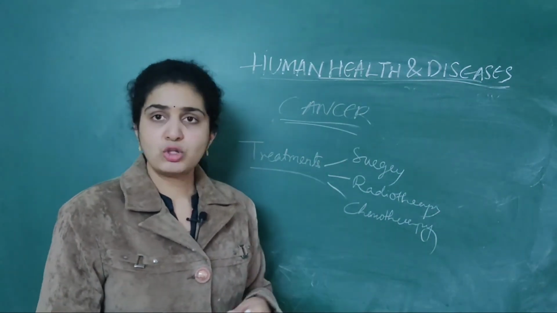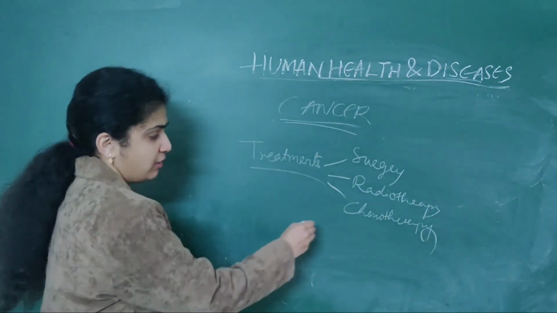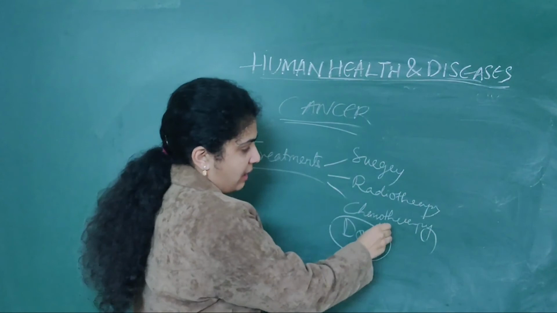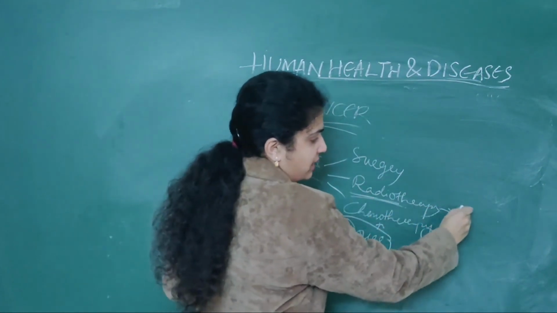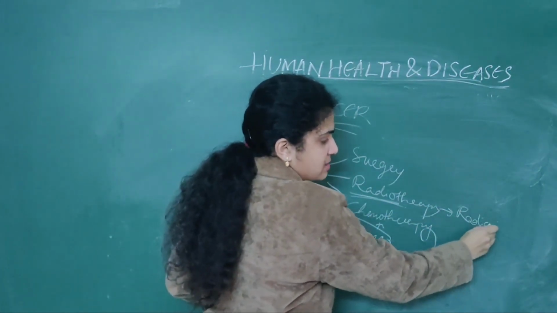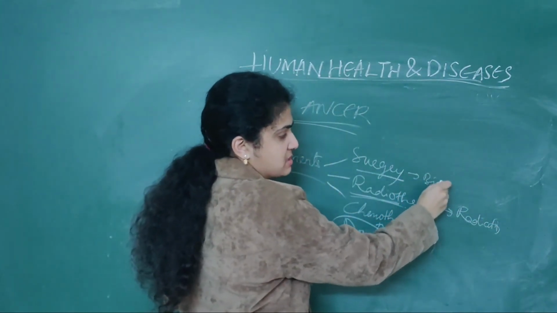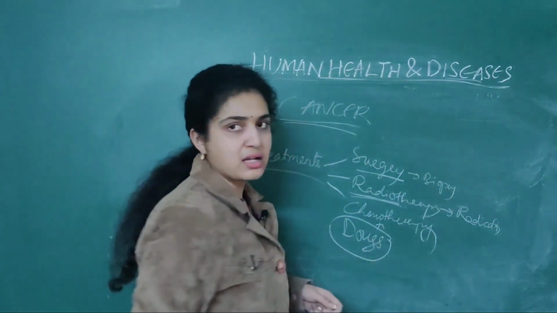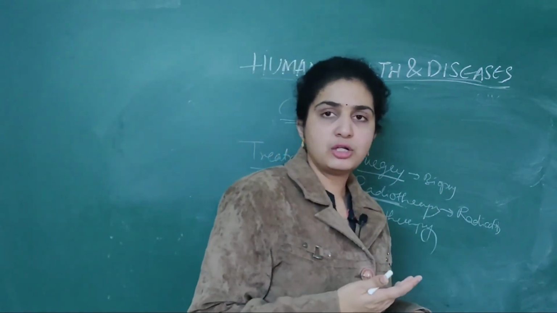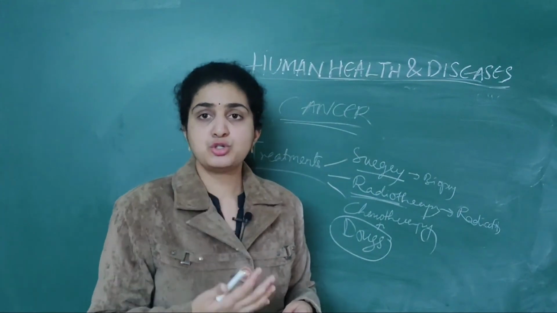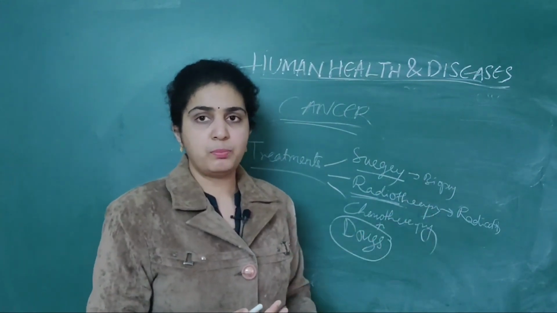When it comes to chemotherapy, chemotherapeutic drugs are used, and for radiotherapy it is radiation. For smaller cases, a biopsy is done. For larger cases, either the tumor or the whole tissue is removed.